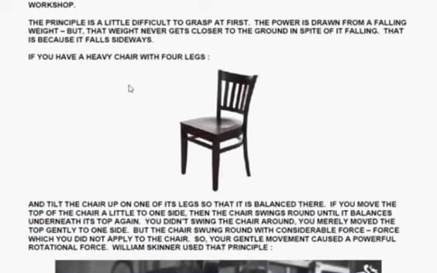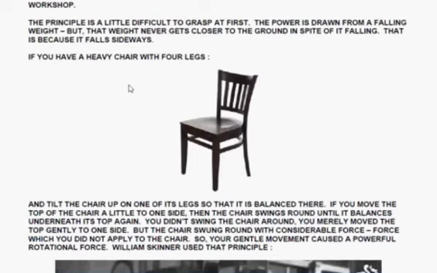But if you were to move the bit of the chair that you're holding just an inch or so to one side, the chair will swing round to line up underneath your finger. The chair is actually falling, but it's falling sideways.